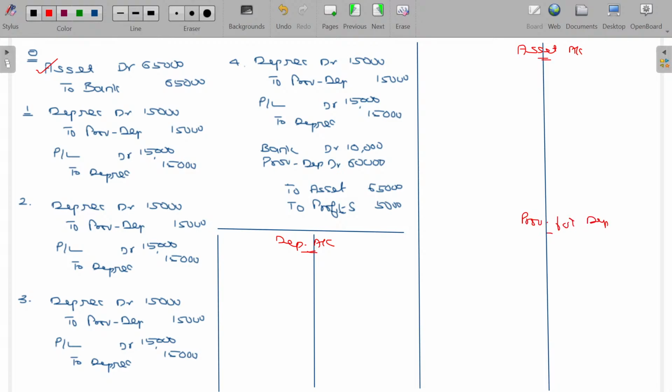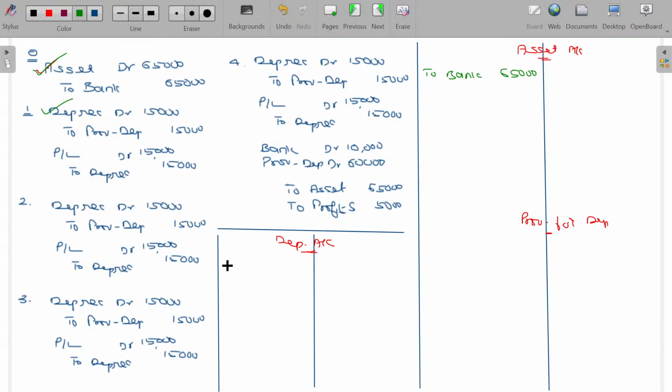Of course, you can prepare a P&L extract also to show the amount of depreciation recorded in the debit side of the P&L account. So in asset, to bank, the value being 65,000. In the very first year end, depreciation.